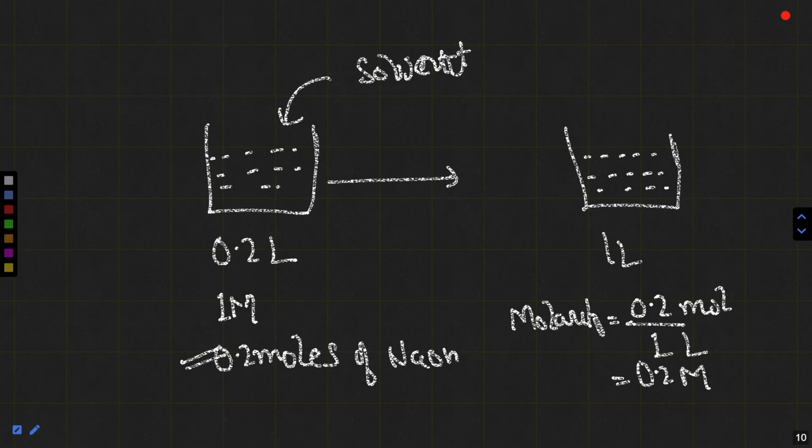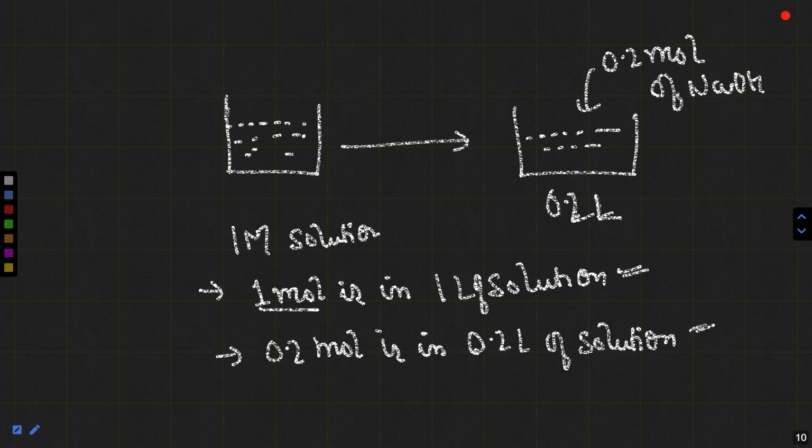So this is the thing that I'm trying to make you understand. So I'm again repeating the whole part, so just listen very carefully. Suppose we have 1 molar solution. By 1 molar solution we mean we have 1 mole of the solute present in 1 liter of the solution.